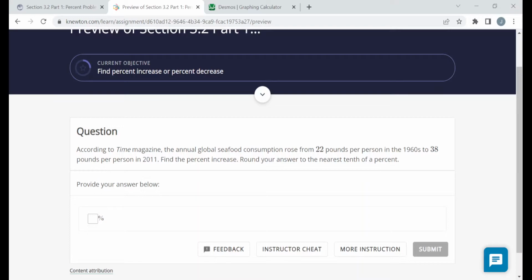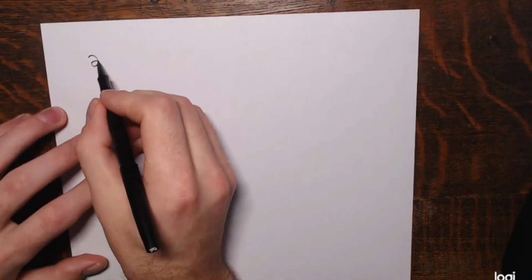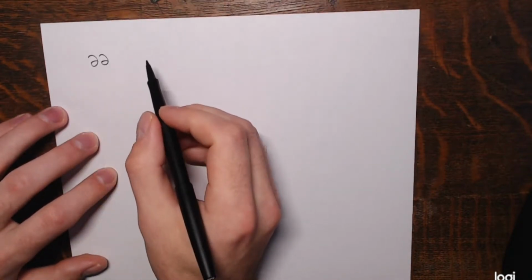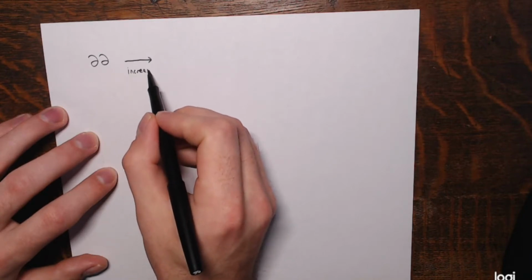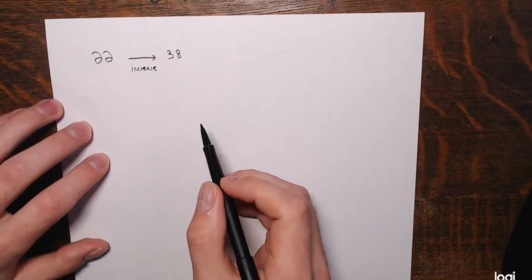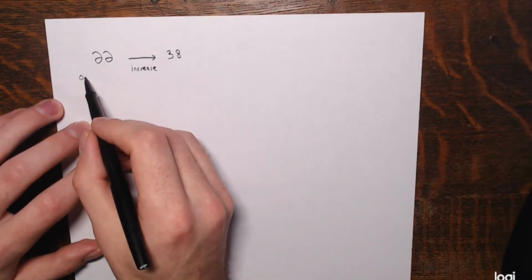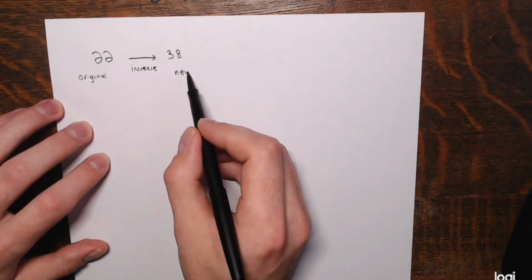All right, so I'm not going to put the problem up. I'll just write out what happened here. It went from 22 pounds per person up to an increase to 38 pounds per person. So the original amount was 22. The new amount is 38.